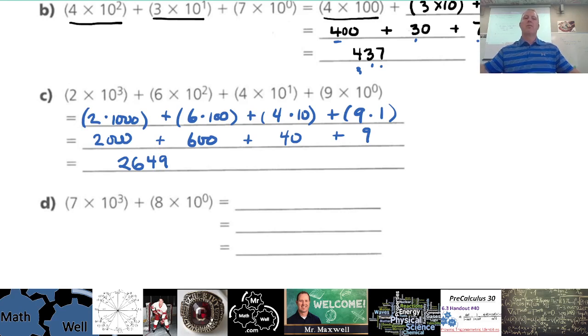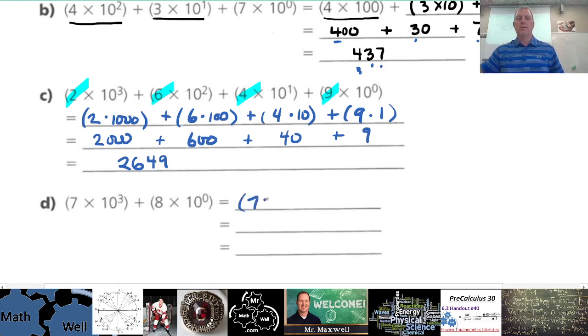One thing you do have to be careful with is don't just say, oh, I'm just going to write down 2, 6, 4, 9, I'm done, skip all the rest of it. You can't do that because we have to make sure that all of the powers of 10 spots are in here. For example, D, look at how we're missing 10 squared and 10 to the 1 in this expanded form. So how do we deal with that? Well, this is how we deal with that.